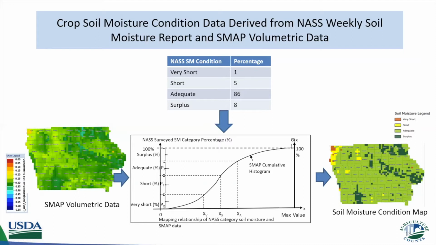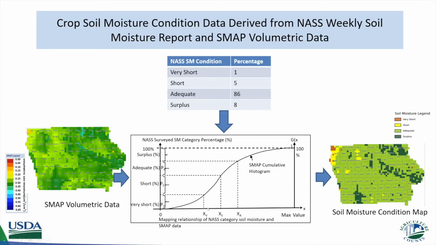Based on this mapping relationship, you can find the thresholds, the cutoff levels of the volumetric measure that correspond to every category of the NASS report.